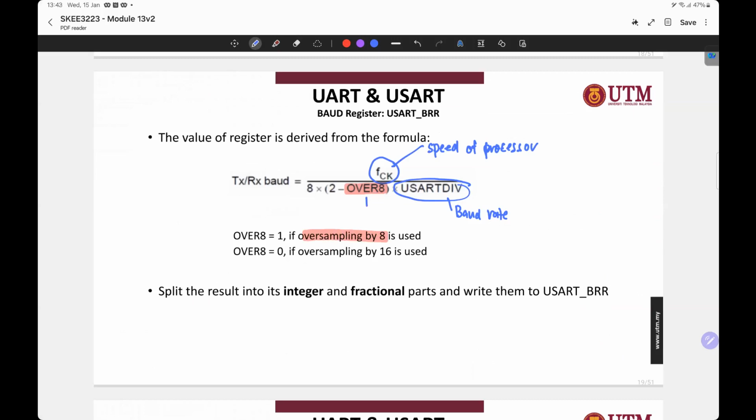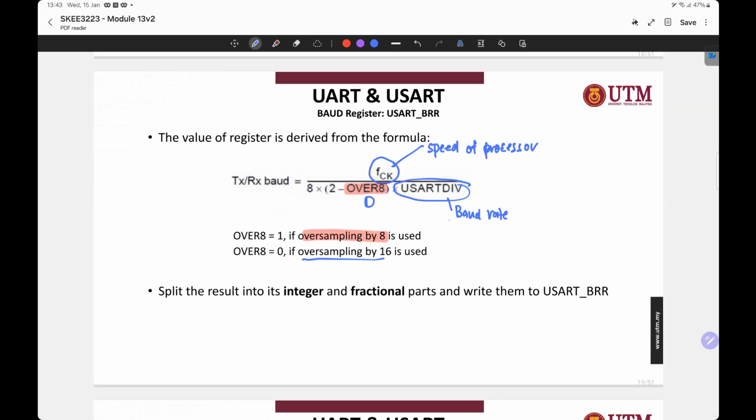So 8 times (2 minus 1) is equal to 8, and then multiply with the baud rate. If your data is going to be oversampled by 16, the over 8 here you need to replace with 0. So 8 times 2, which is 16, then you multiply with the baud rate.